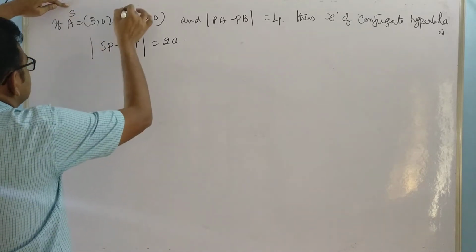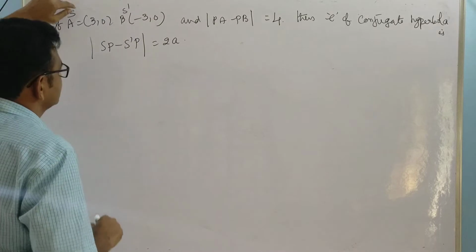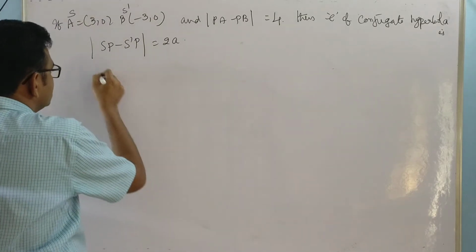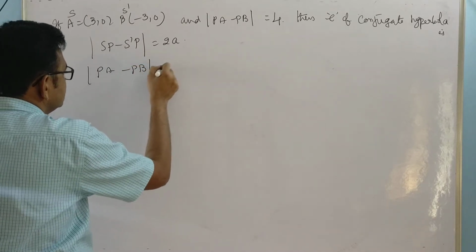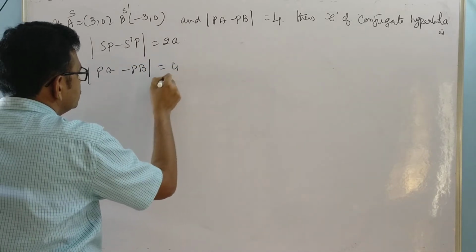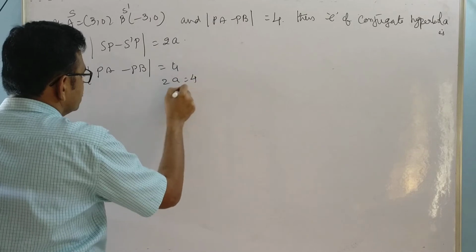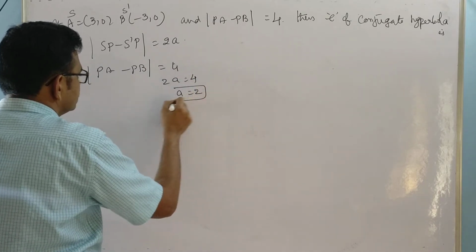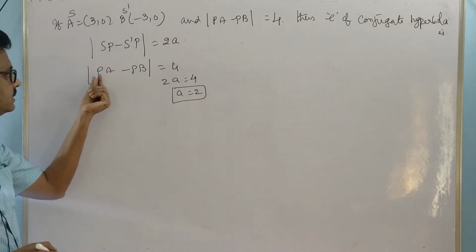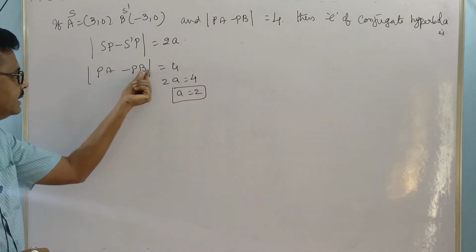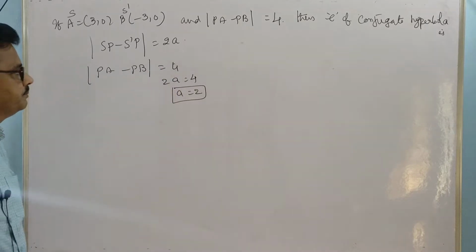So this is S, this is S dash. That means mod of PA minus PB is equal to 4. That is 2a is equal to 4, a is equal to 2. So this is just like SP minus S dash P is equal to 2a form.